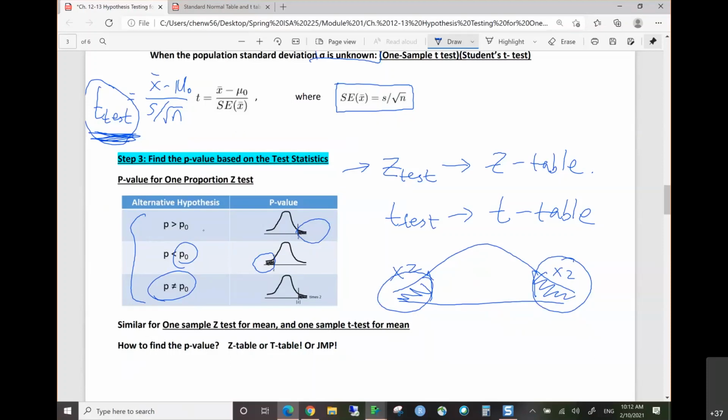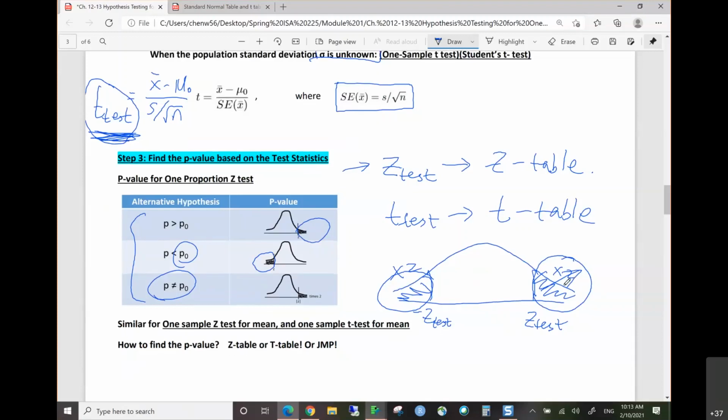Normally, it's not always, but normally, if you have a positive z-test statistic, it is more convenient to use the right tail and then times 2, right? If you have a negative z-test statistic, then finding the left tail will be more convenient, right? So it depends on you. It doesn't matter which way you like, right? Just finding these two tails will be fine, right?